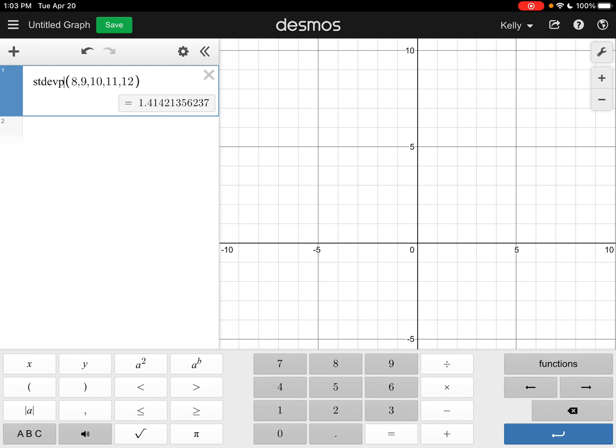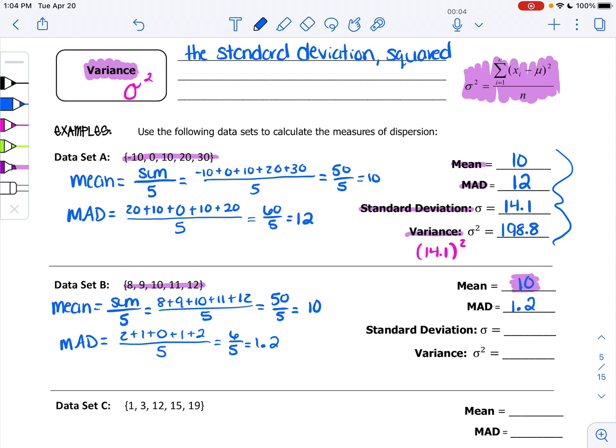Then I'm going to do 1.4 squared for my variance, and I see rounded it is 2. So going back to our notes, our standard deviation was 1.4 rounded, and our variance, 1.4 squared rounded, is 2.